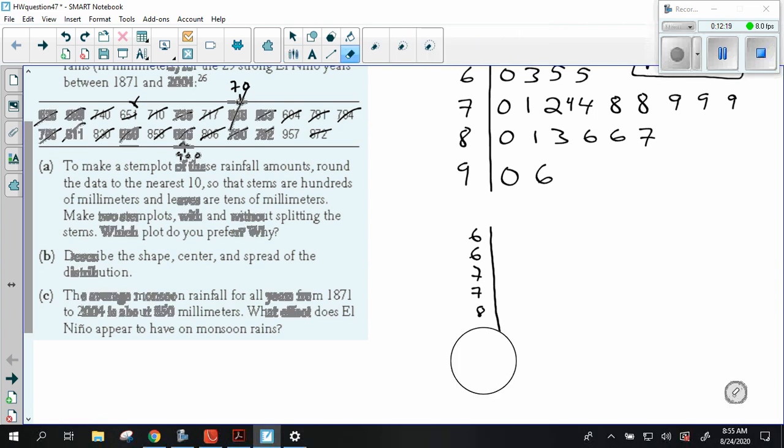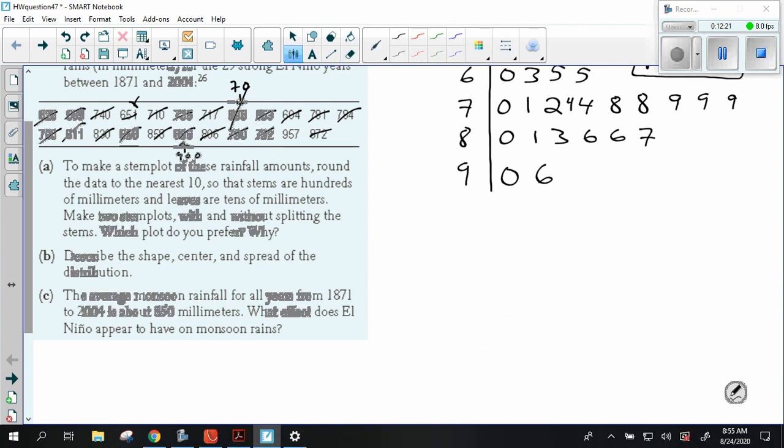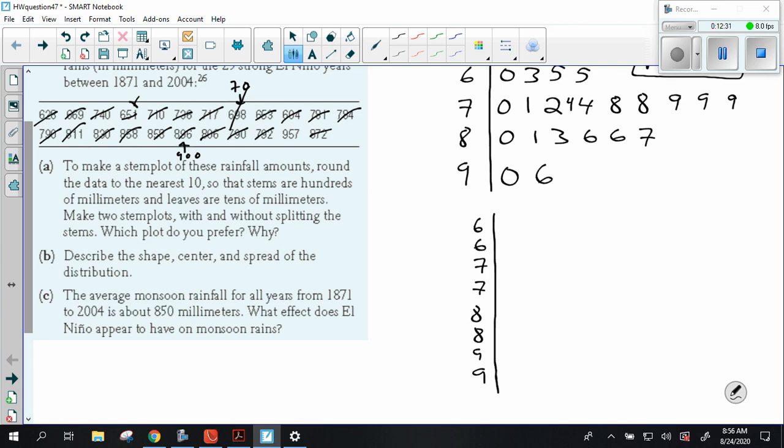I'm going to go ahead and just rewrite this. I'll need a little more space. 6, 6, 7, 7, 8, 8, 9, 9. All right, the way that we're going to split this is we're going to put values 0 through 4 on the first one, and then values that are 5 through 9 on the second one.